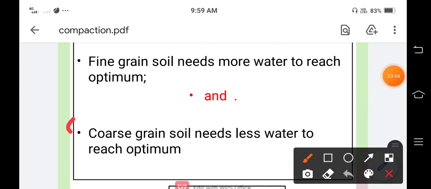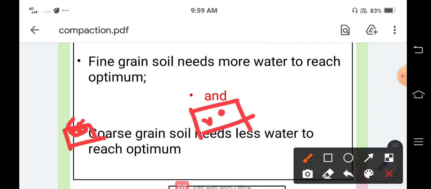So let us consider here a black cotton soil sample mass, and here a gravel soil sample mass. While giving the tamping, the black cotton soil may require more water to get fully densified.